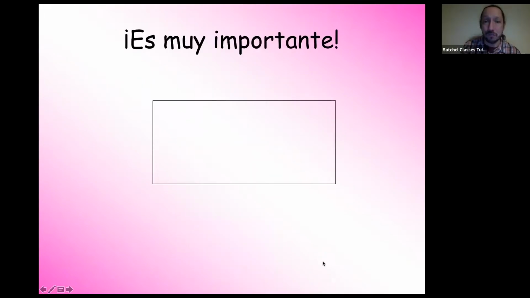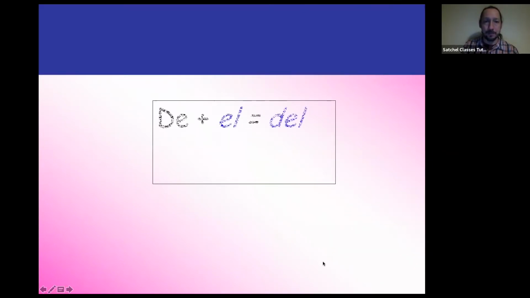Now, this is really important. Es muy importante. D and L usually become one word, and that is del. That's why earlier I was saying del. For instance, behind the wardrobe in Spanish is detrás del armario.